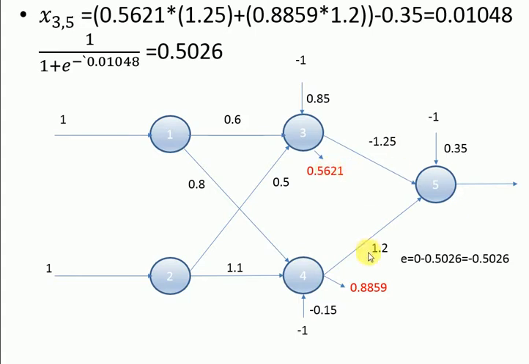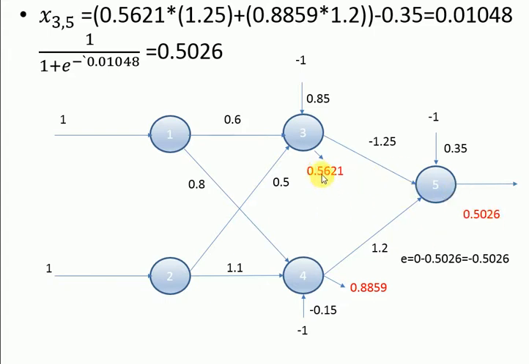These two are multiplied and added, that is sigma, plus minus 0.35 into minus 1, so it equals 0.01048. Then 1 over 1 plus e power of minus 0.01048 equals 0.5026. So that is what we get, 0.5026.